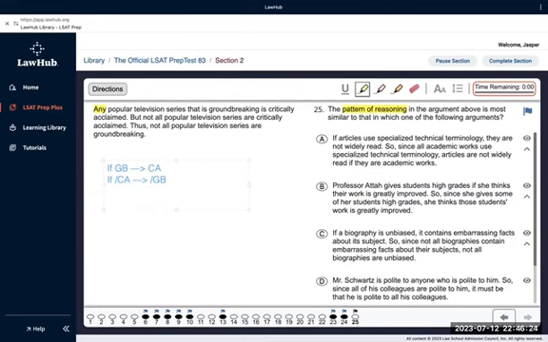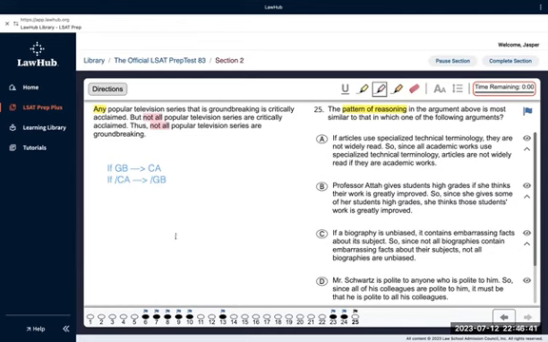Our next statement, but not all popular television series are critically acclaimed. So this, not all, and we have it again here, that means the same thing as some are not.